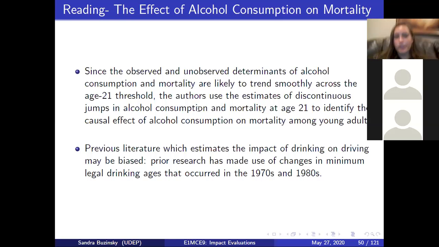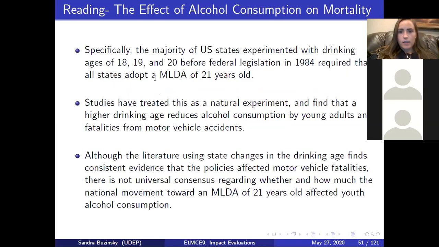So prior literature has used basically changes in minimum legal drinking ages in the 1970s and 80s. So they used the difference in difference design, based on the fact that the majority of US states experimented with lower drinking ages of 18, 19, and 20 before the federal regulation in 1984 required all states to be 21 years old.